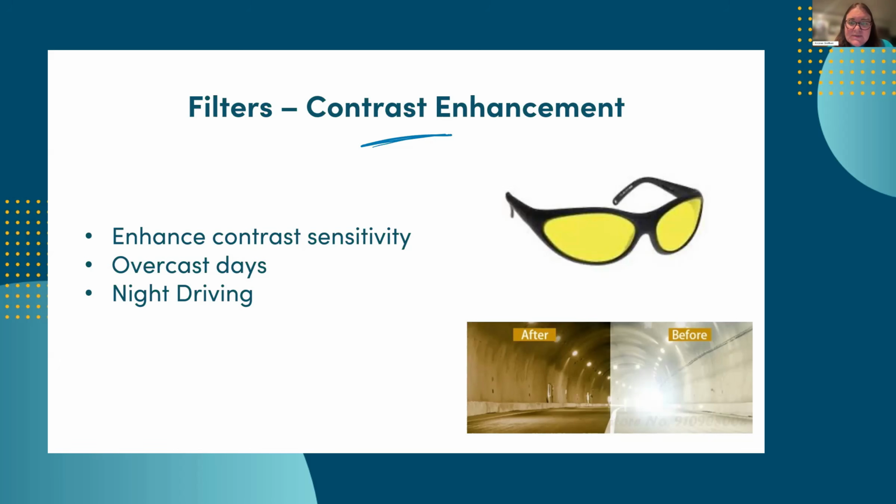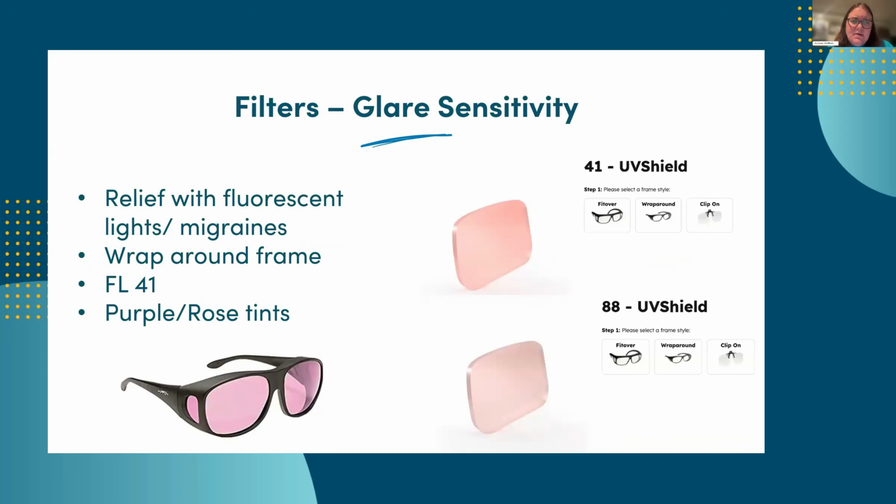So this one here gives contrast enhancing, a yellow color is very helpful to help with decreasing those starbursts, decreasing that glare. And so you'll be able to see more of people's faces and when you're walking. So it does help with glare for the inside and overcast days. Next slide.